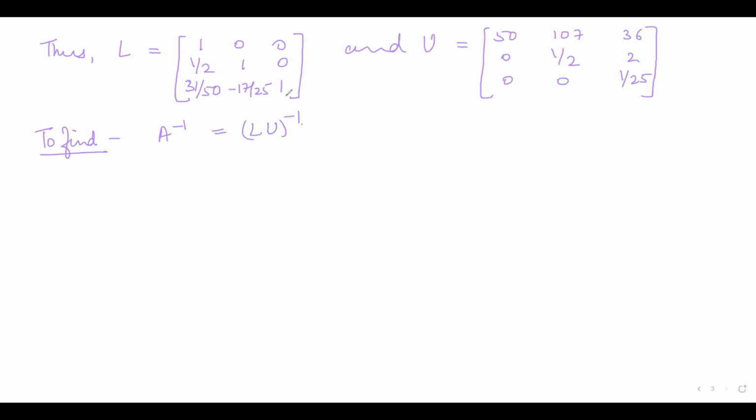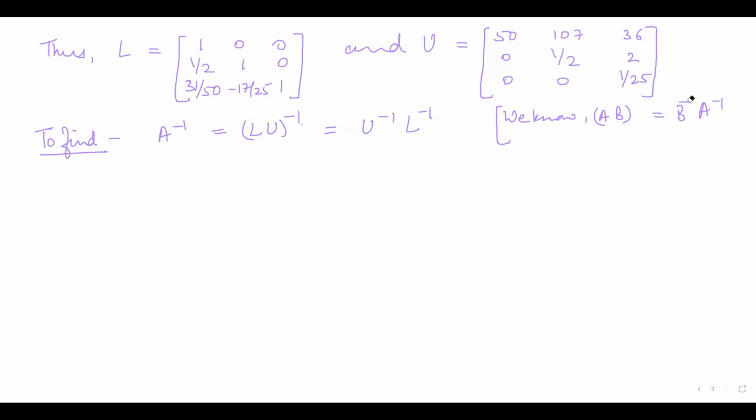So that means we need to find out this value. Now what is this? This is nothing but U inverse into L inverse. Why is this so? Because we know that AB whole inverse is B inverse A inverse. So let me just write it properly.